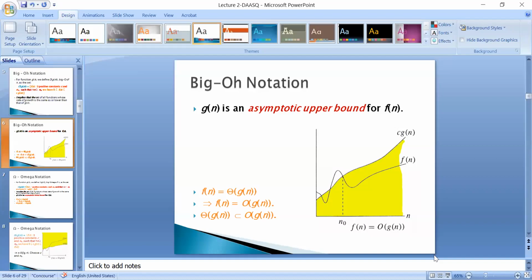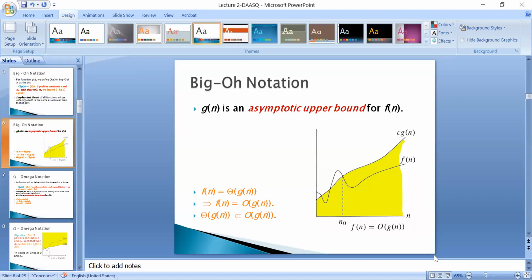So this is your big O notation. There's a small note on the left hand side of the slide. It says f(n) is theta of g(n). We haven't got to theta, but just to tell you, big O is less than or equal to, omega is greater than or equal to, and theta is equal to, in terms of understanding.